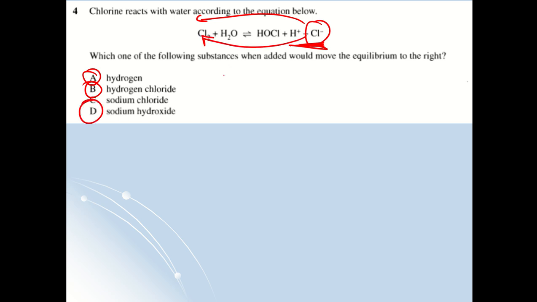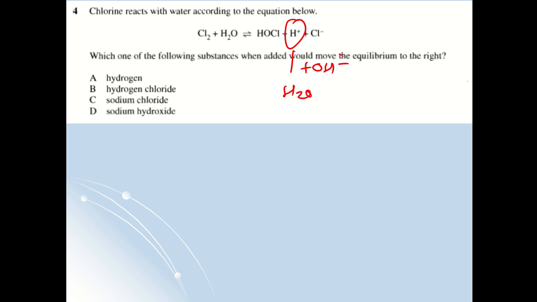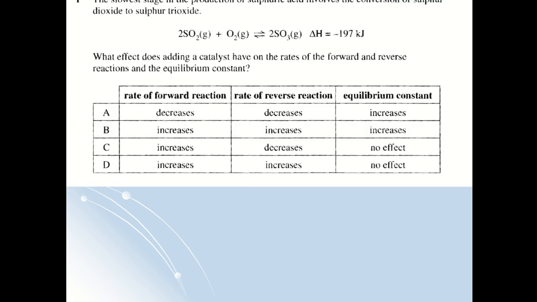Sodium hydroxide, well, there isn't even any sodium hydroxide in the reaction equation anywhere, but this is the sneaky thing. Hydrogen ions, as you know, react with basic hydroxide ions to give you water. So by adding hydroxide ions, I am removing hydrogen ions, and that causes the equilibrium to move to the right. So indirectly, the sodium hydroxide causes that equilibrium to shift to the right hand side by removing a product.